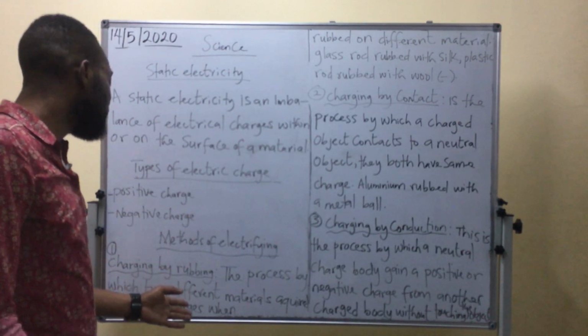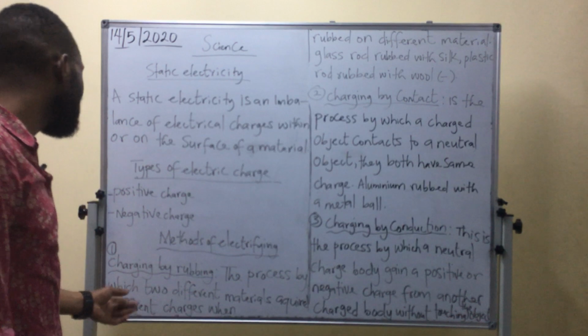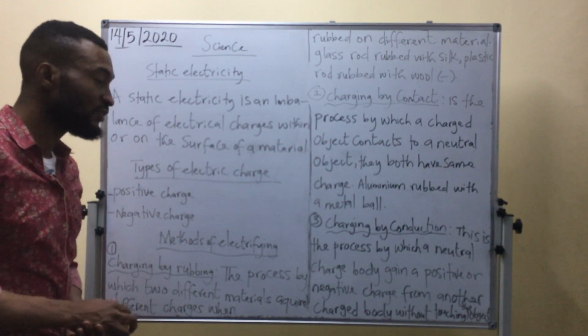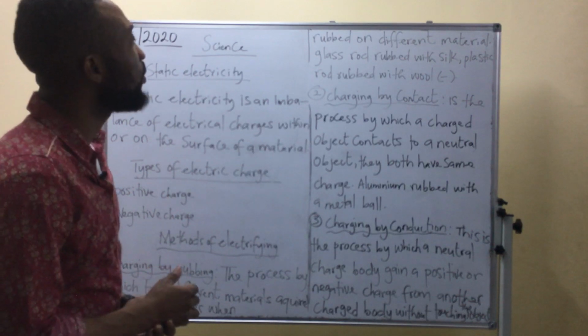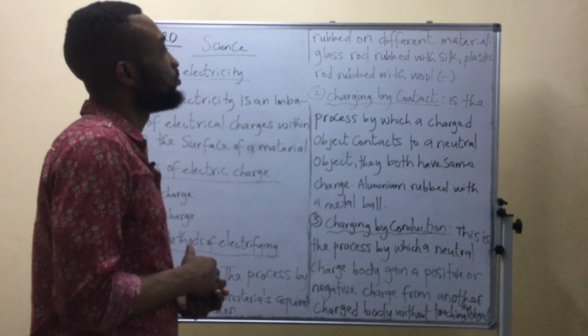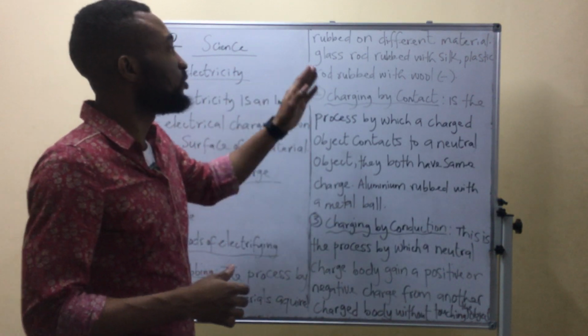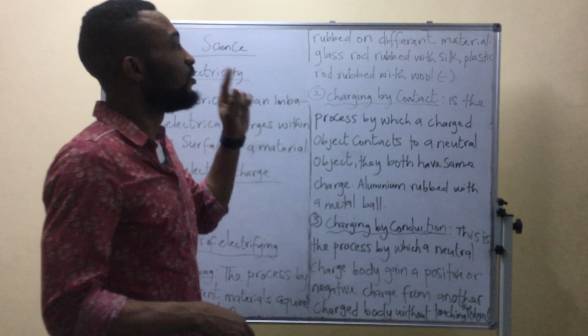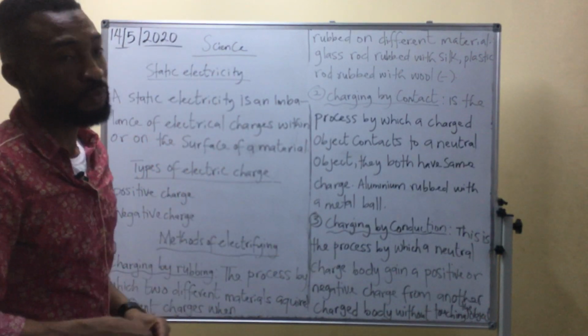Charging by rubbing is the process by which two different materials acquire different charges when they are rubbed on different materials, e.g. a glass rod rubbed with silk, or a plastic rod rubbed with wool.